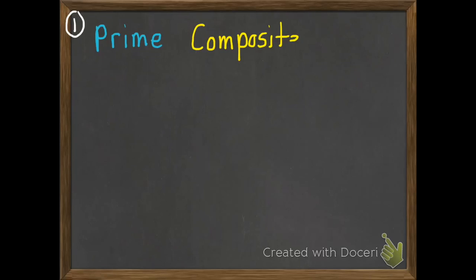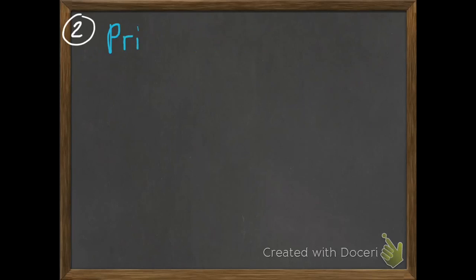Okay. Here's your first question. You need to figure out if this number is prime, composite, or neither. We start off with 6. Your second problem, same thing.